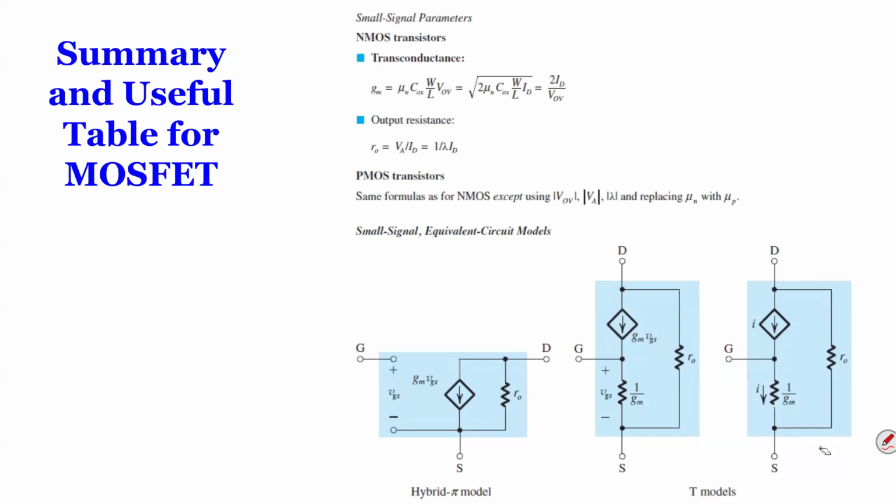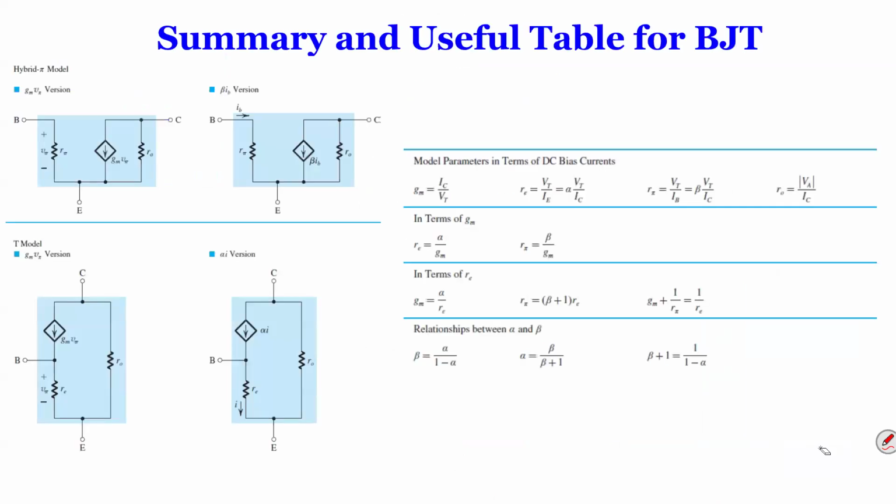When we get down to the BJT, it's almost identical, except that in the pi model you have R pi. The calculation of R pi is given here as beta over GM. That's one you probably have to memorize. From that, you can translate to RE, which is alpha over GM, because R pi and RE differ by a factor of alpha.